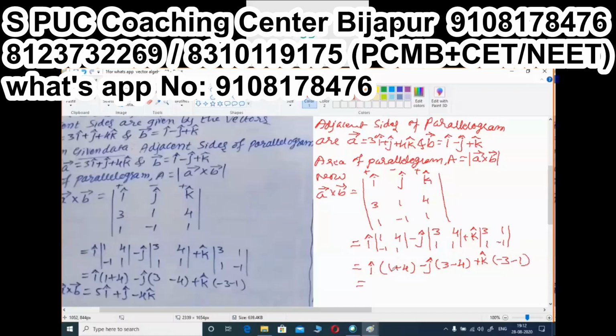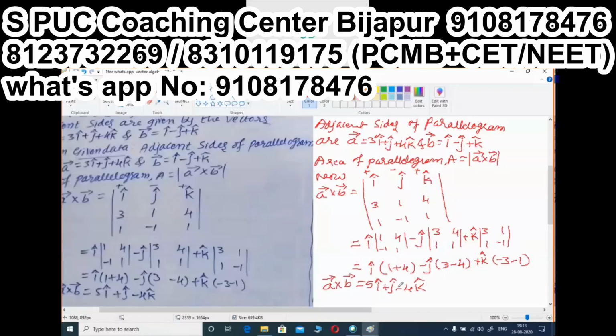Simplifying, 1 plus 4 is 5, so 5i cap. Then 3 minus 4 is minus 1, and minus 1 into minus j cap gives plus j cap. Then minus 3 minus 1 is minus 4, so minus 4k cap. So this is your required A cross B.